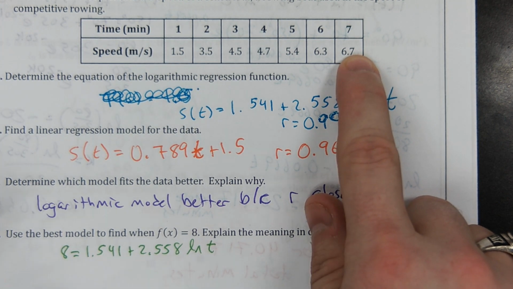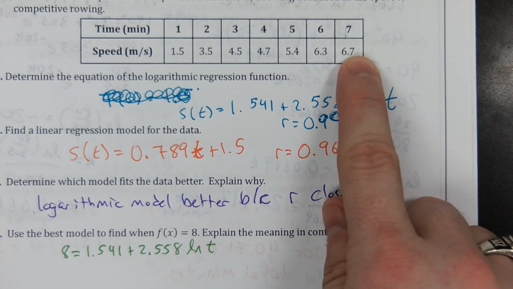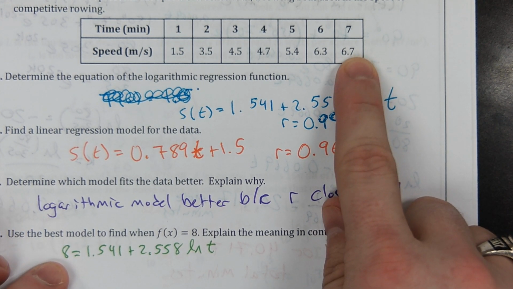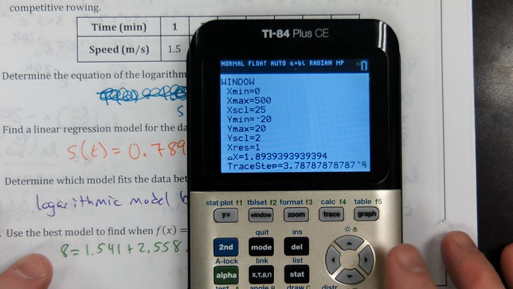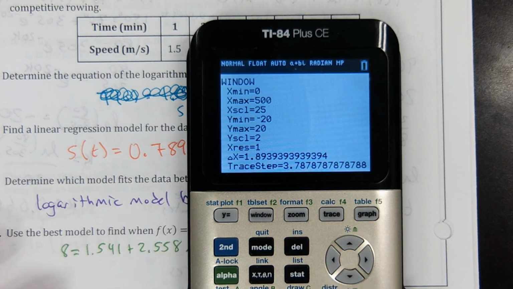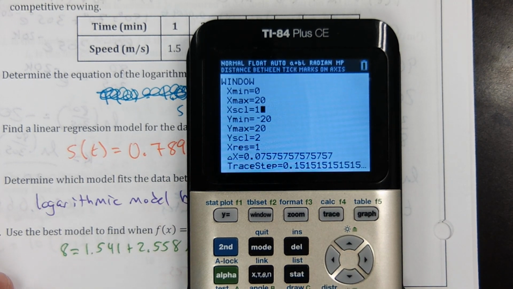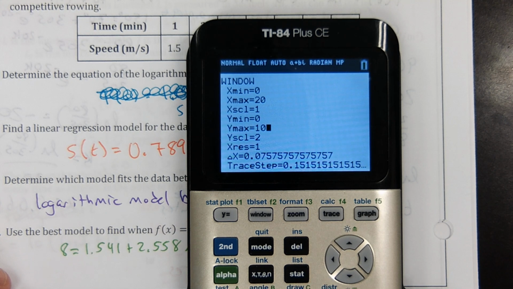And I want to know when it crosses 8, so I just need to make sure that 8 fits on my window. From 0 to 20 because I have no idea if it's enough. And then my minimum 0, maximum 10 is fine because I'm trying to capture 8.